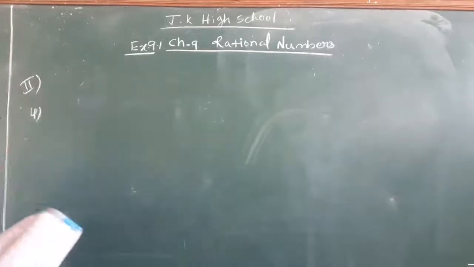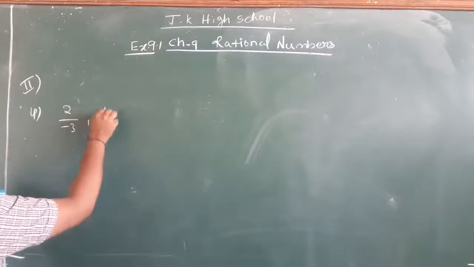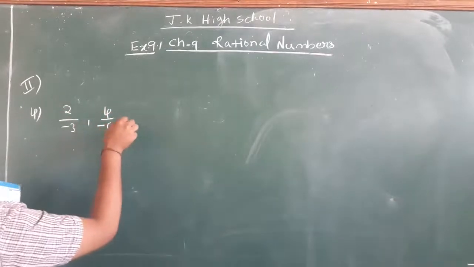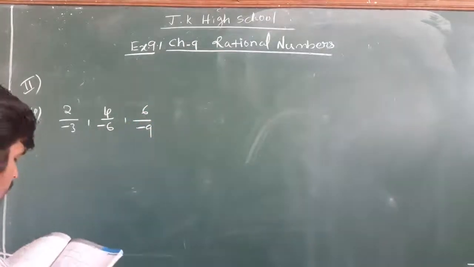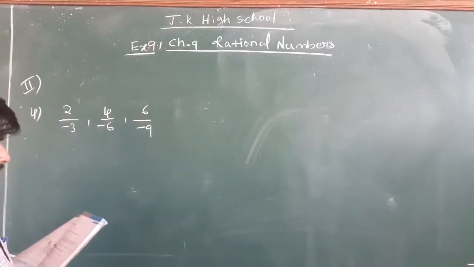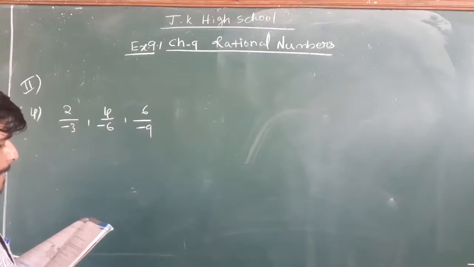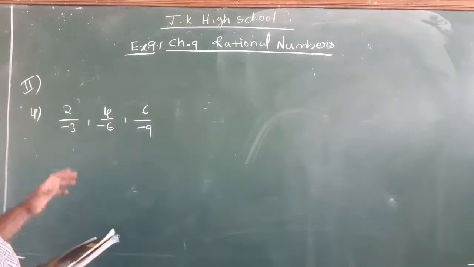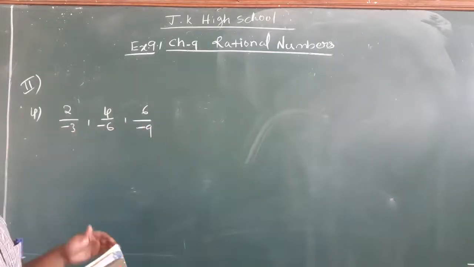From 2 by minus 3 you can write 2 by minus 3, 4 by minus 6, and 6 by minus 9. Three numbers are there and you want 4 numbers.